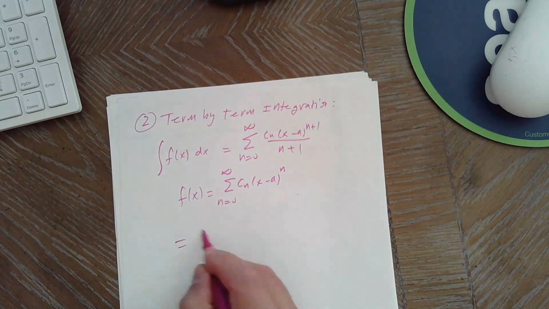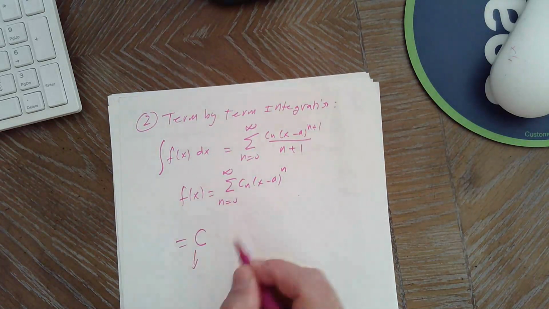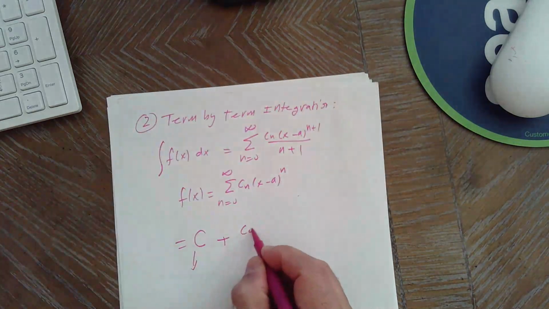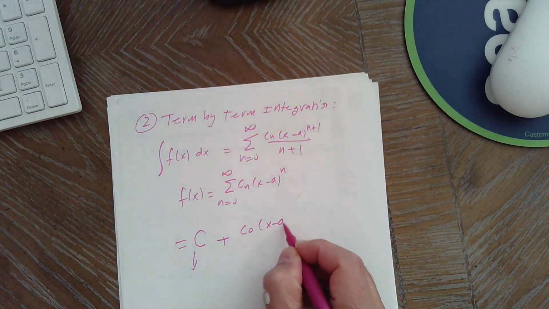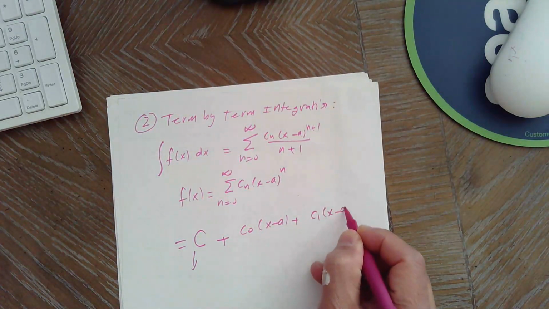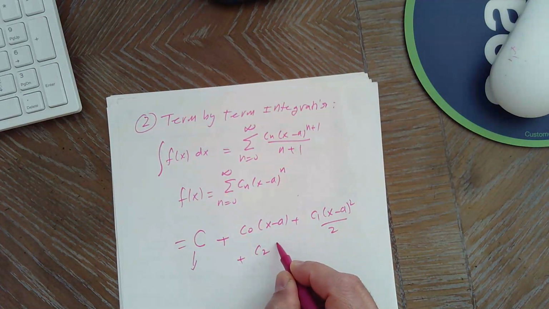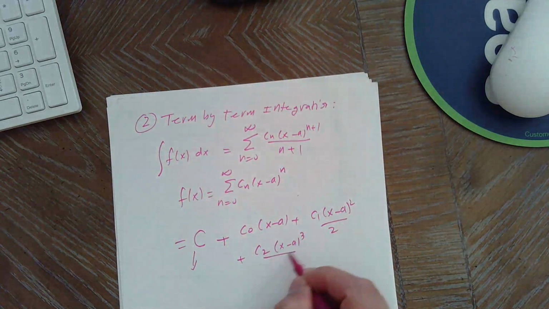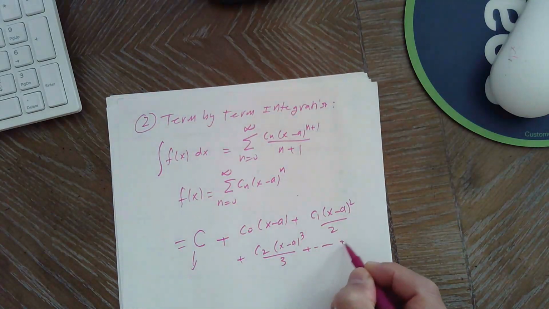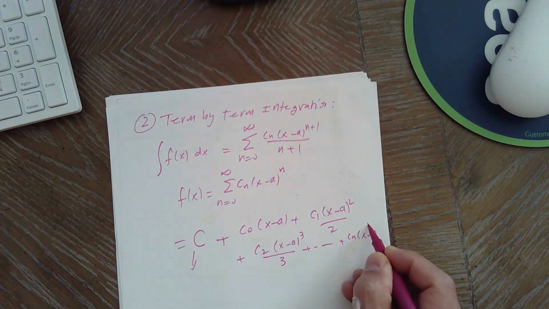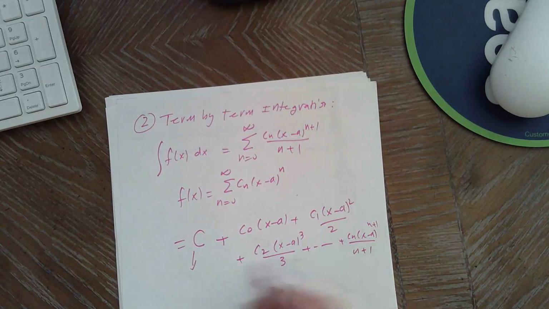You're going to add a constant when you integrate, plus when n is 0, it's c0 (x minus a), c1 (x minus a) squared over 2, c2 (x minus a) cubed over 3, cn (x minus a) to the n plus 1 over n plus 1.